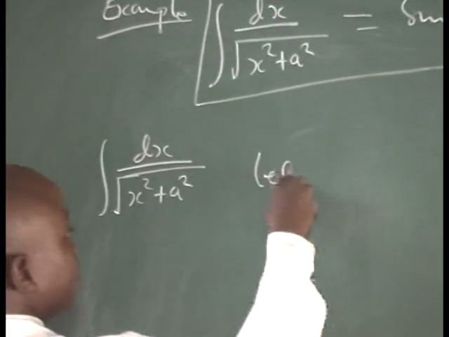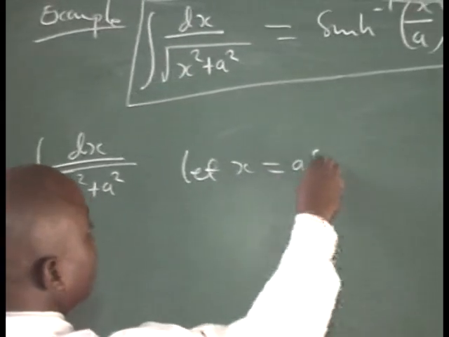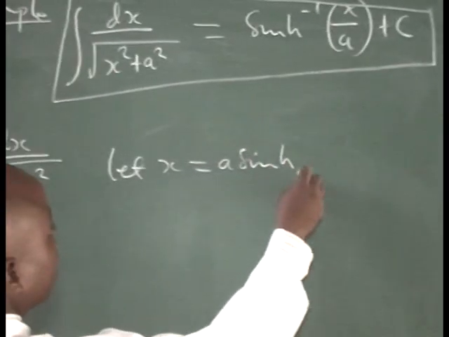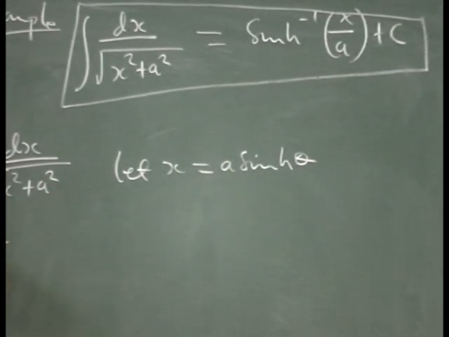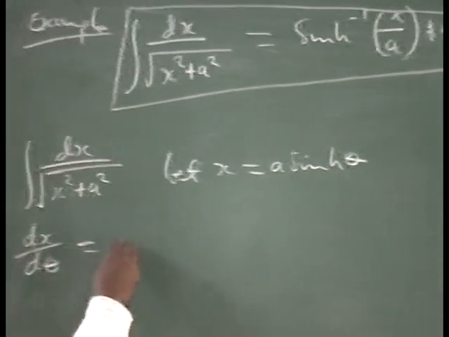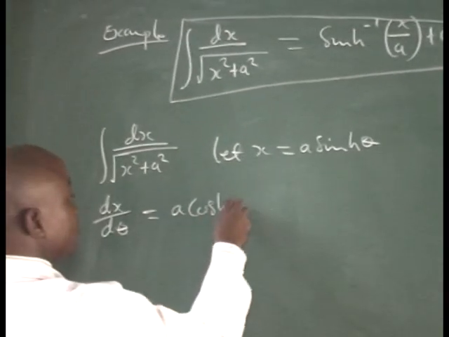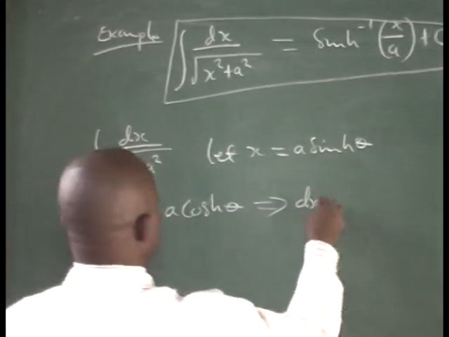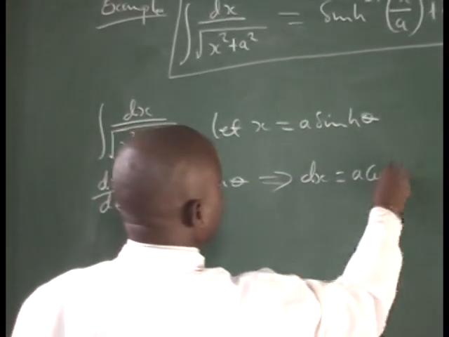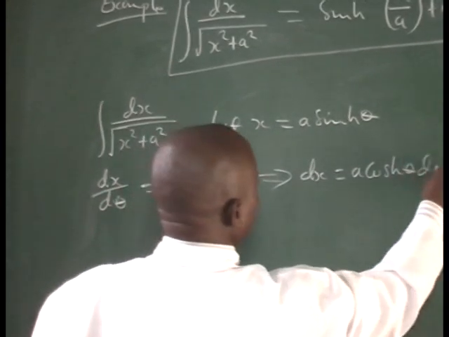Now I will let x equal a sine theta, so that dx over d theta will give me a cos theta, which implies that dx is equal to a cos theta d theta.